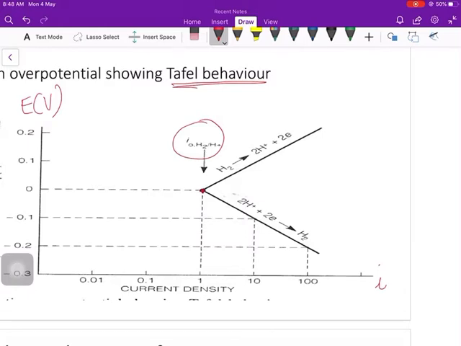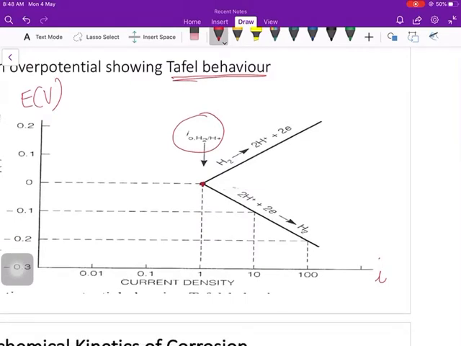So this value is at equilibrium, where the rate forward is equal to the rate reverse. For example, this is forward and this is backward. So this is where I naught is, where the rate forward equals the rate reverse or backward.